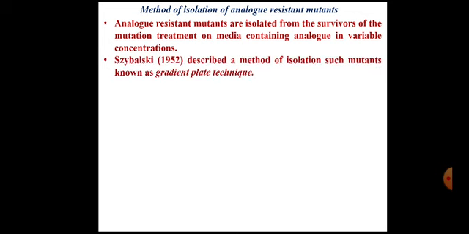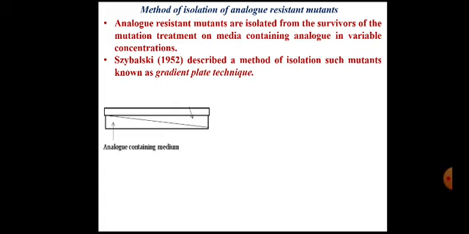This method is called the gradient plate technique, because we don't know exactly what should be the concentration of analog to be added in the medium. So the solution for that is the gradient plate technique. So this is the plate in which the solidified medium is poured into the plate in slanting position, and that medium contains analog.